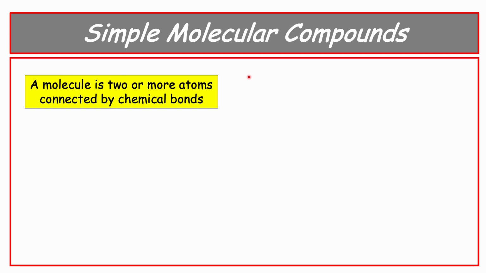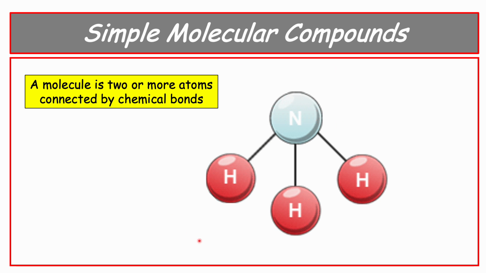So ionic compounds never form molecules, and neither do metallic compounds, which we'll come on to in a couple of lessons. So here on the board you can see 1 molecule of ammonia, NH3, because we've got a small group of atoms held together by chemical bonds. So overall, this is 1 molecule. And I know it's a molecule because they're all non-metals, so it's covalent.